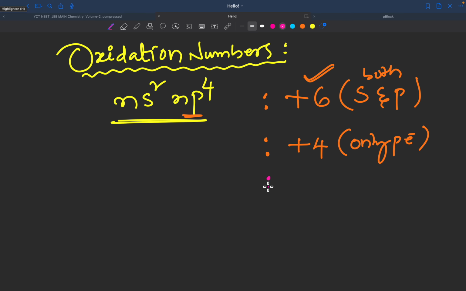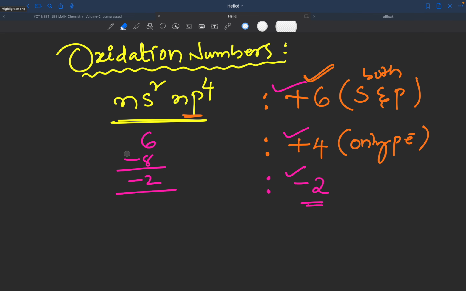There is one more. They have 6 electrons and are short of only 2 electrons to get octet configuration. That's why minus 2 is also a general oxidation number. So plus 6, plus 4, minus 2 are the general oxidation numbers of these elements.